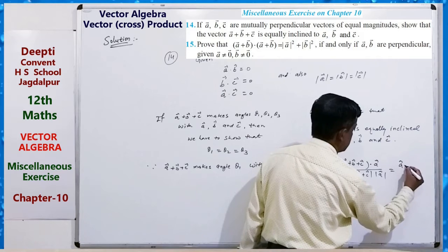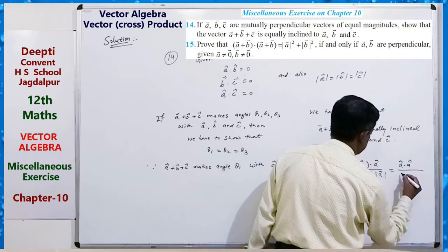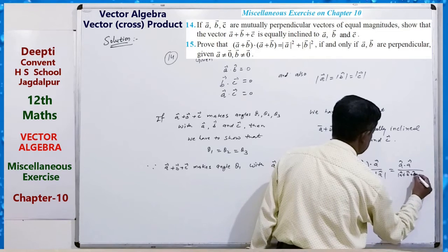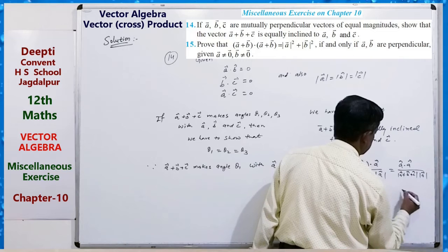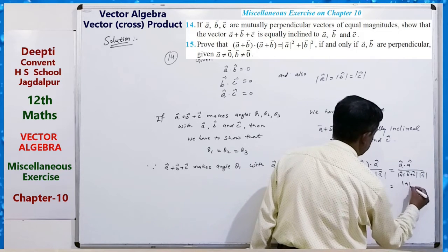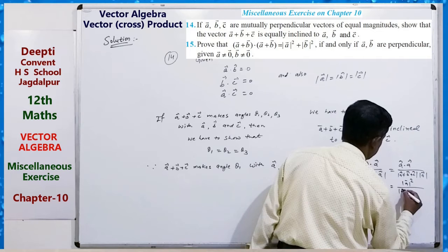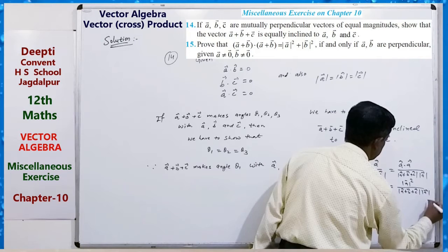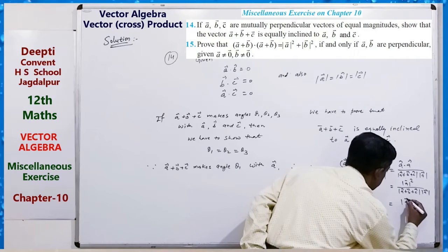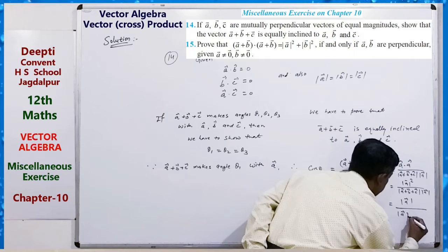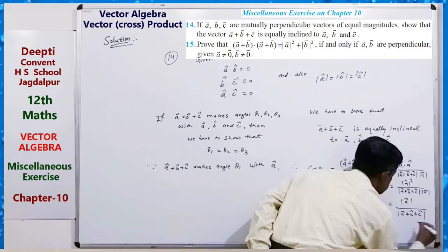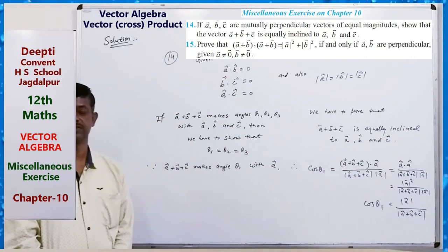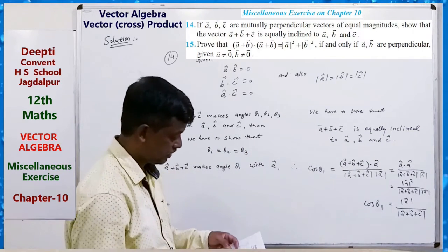So A dot A upon mod of A plus B plus C times mod A, that is mod A square upon mod A plus B plus C times mod A, equals mod A upon mod A plus B plus C. So cos theta 1 equals this.